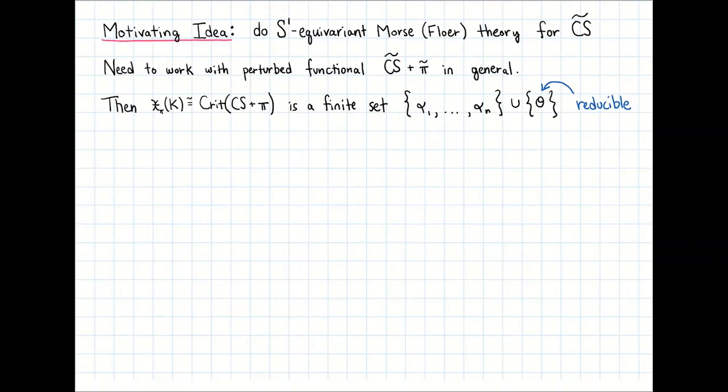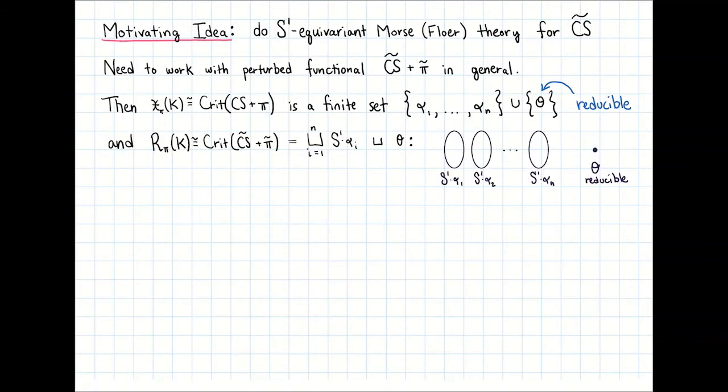I've written here alpha 1 to alpha n for the irreducible critical points of this set, and theta for the reducible. Now this is downstairs after having modded out by the circle action. So upstairs, what was once R of K becomes, after perturbation, a disjoint union of circles, one for each alpha I, together with the reducible, which is still just a point.